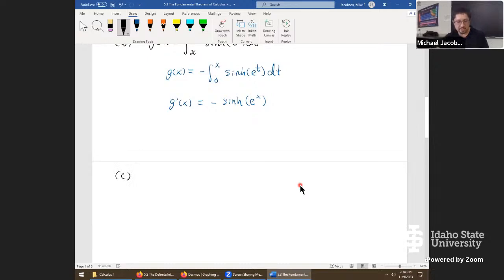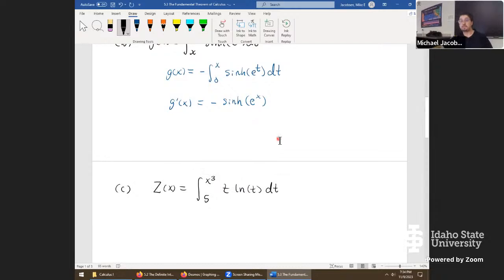So part C is going to be a function z of x, which is a definite integral from 5 to x cubed of t natural log t dt. So that's our problem to start. The thing that varies is in the upper limit of integration, so we don't have to swap them. We're going to leave the function directly in this format.